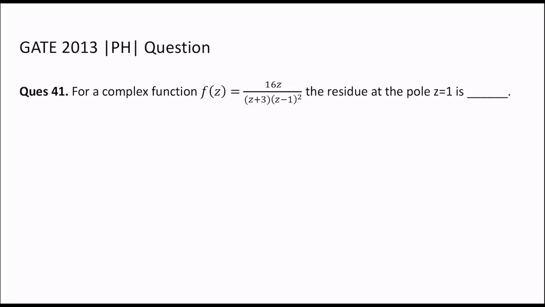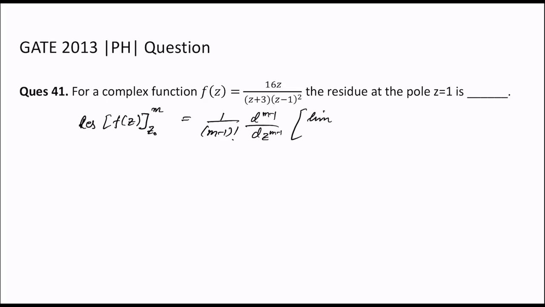Now, first of all, let me tell you the general formula through which you can find the residue at a pole of any order. The residue of a function f of z at some pole z0, where the order of the pole is m, can be written as 1 upon (m minus 1) factorial, d^(m minus 1) by dz^(m minus 1), limit z tending to z0, of (z minus z0) to the power m times f of z.